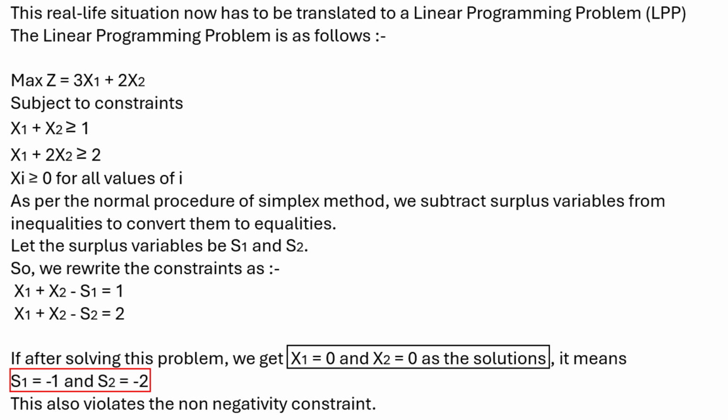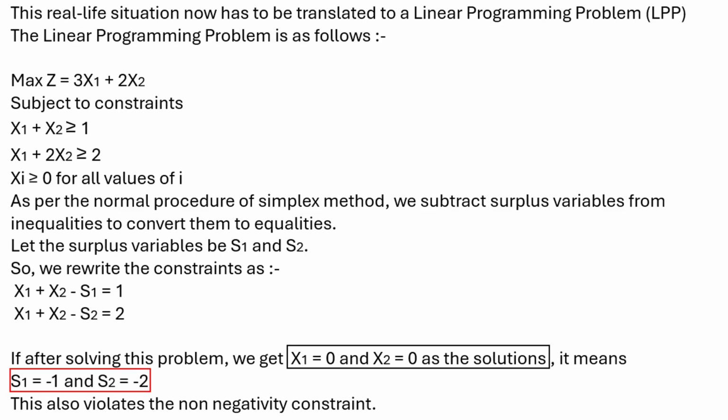Since this conversion of inequalities to equalities is the first step to solve linear programming problems, we try to equalize this inequality by reducing the LHS to make it equal to the RHS. So we introduce two surplus variables and name them s1 and s2. We rewrite the constraints as x1 plus x2 minus s1 equals 1, and x1 plus 2x2 minus s2 equals 2.